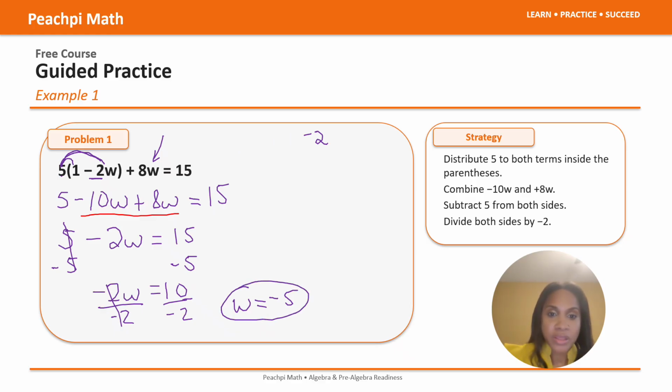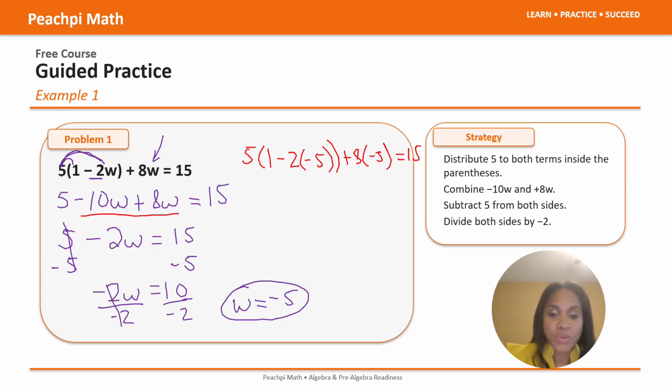So I'm going to check the first one, but I won't make the lesson too long here. If I plug in negative 5 everywhere I see w, 5 times (1 minus 2 times negative 5) plus 8 times negative 5 equals 15. I tried to keep it in the box.